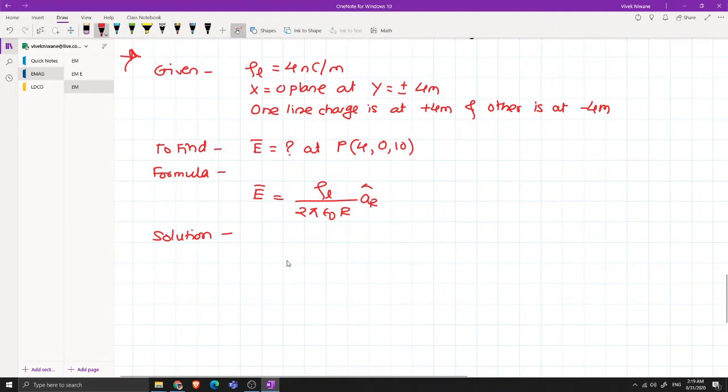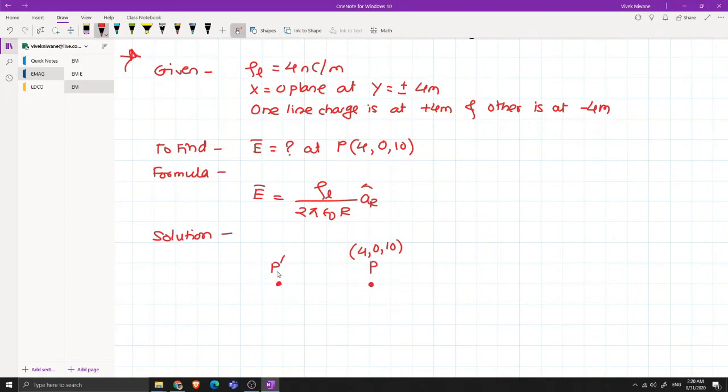Okay. So we have the point of observation P and its coordinates are (4, 0, 10). Then we will have some P dash.